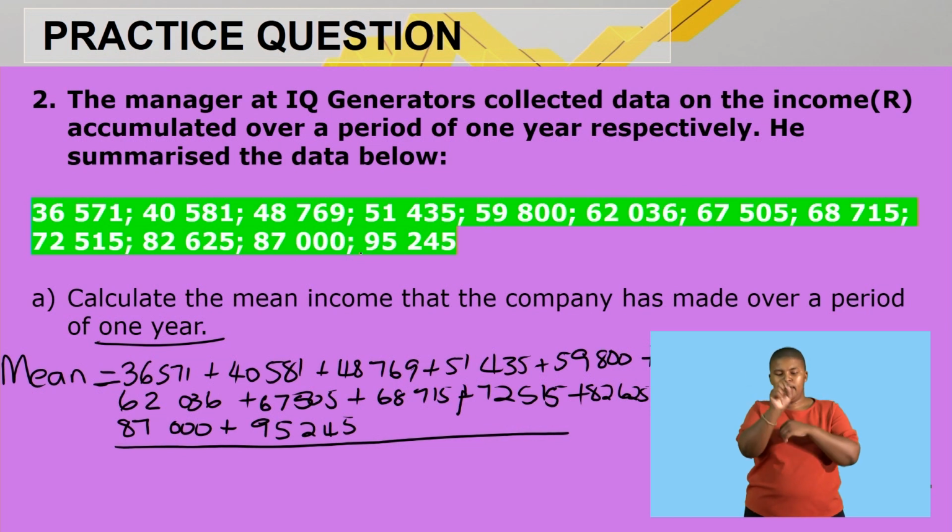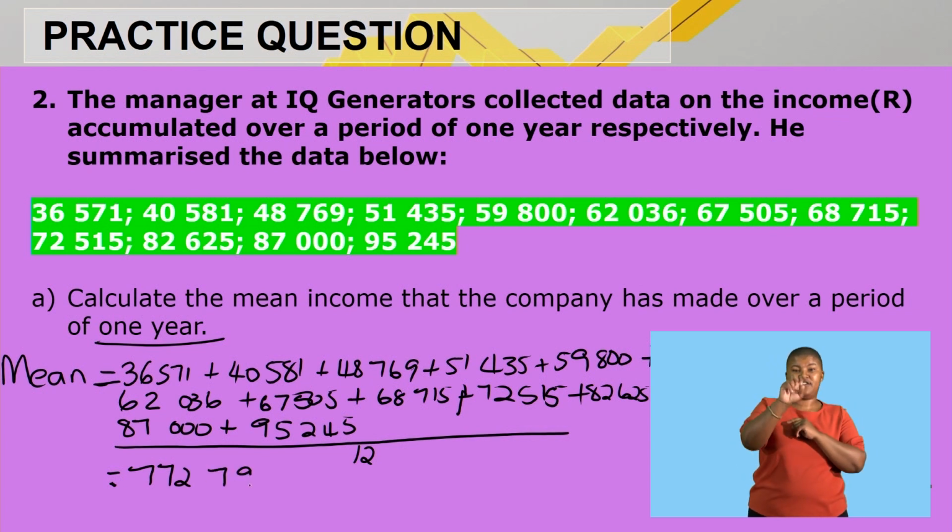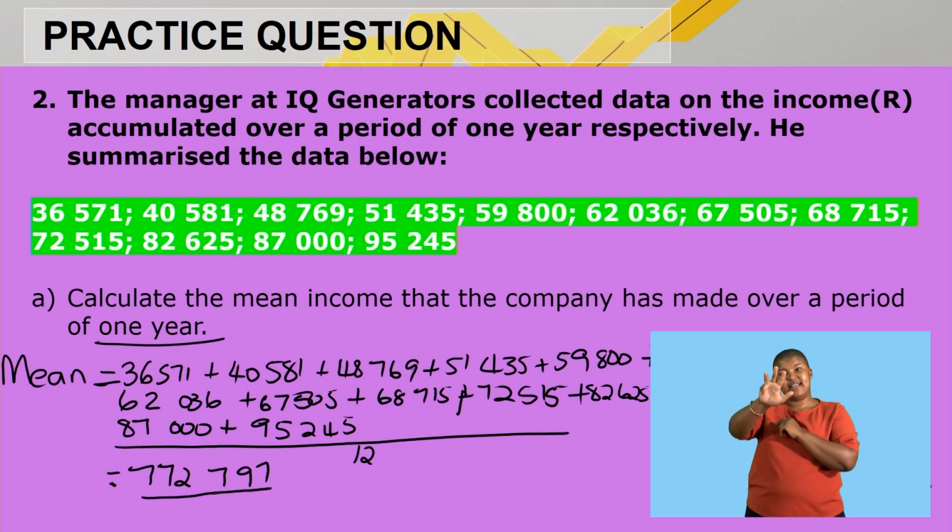So all this is divided by the total number of incomes received. So it's 1, 2, 3, 4, 5, 6, 7, 8, 9, 10, 11, 12. So this should be divided by 12. Now if you work that out, you must add the sum of all those values. This will give you a total amount of 772,797, and this sum is divided by 12.